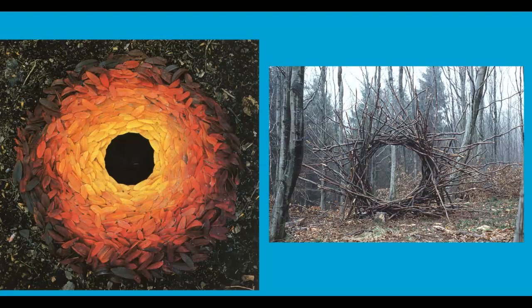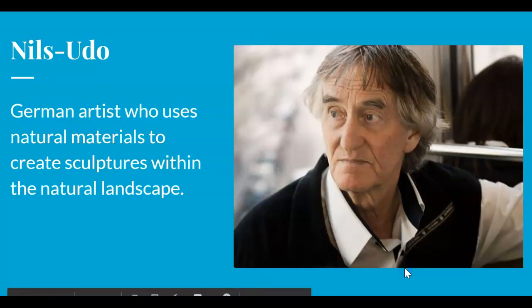The one on the right is actually constructed by taking those long branches and interweaving them together so that it makes this structure out in the landscape. Okay, so this is the type of thing that we're looking at. We're looking at how people make work that interacts with outside, and he is using materials that he finds outside.